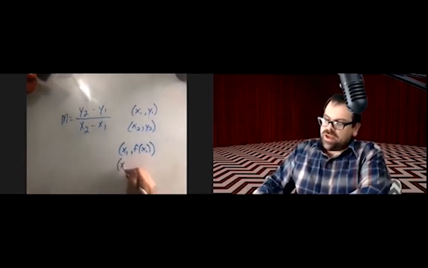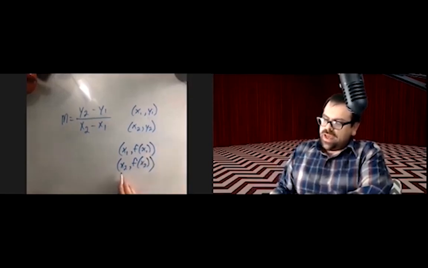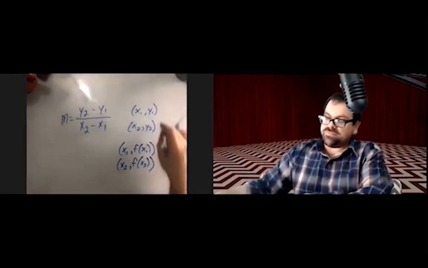And instead of (x2, y2), we would have (x2, f of x2): x coordinate of x2, y coordinate the output of the function when the input is x2. These two sets of points mean exactly the same thing.